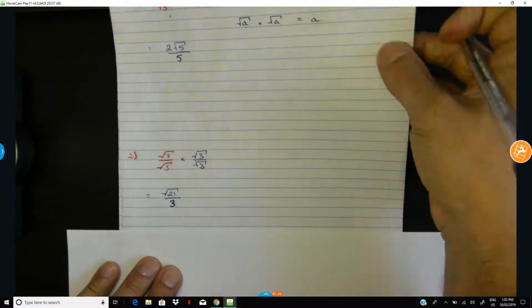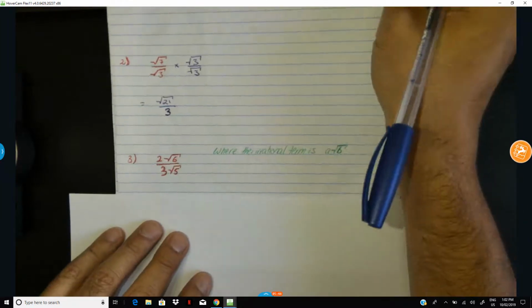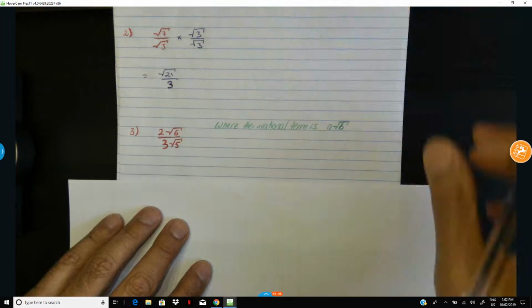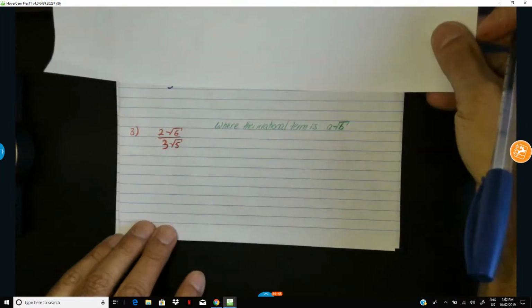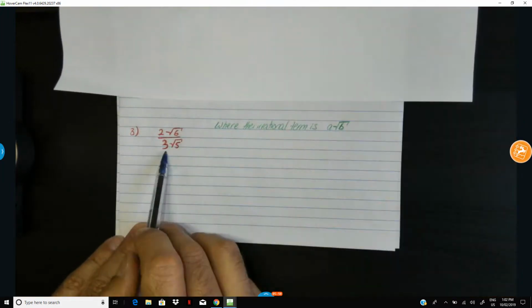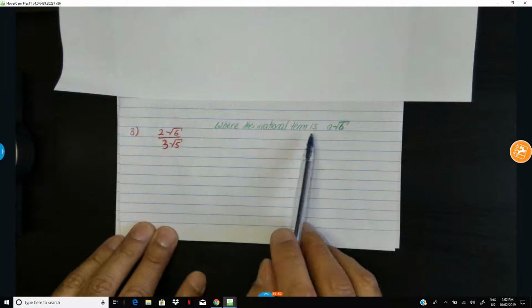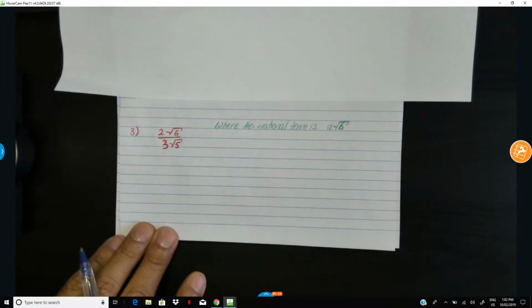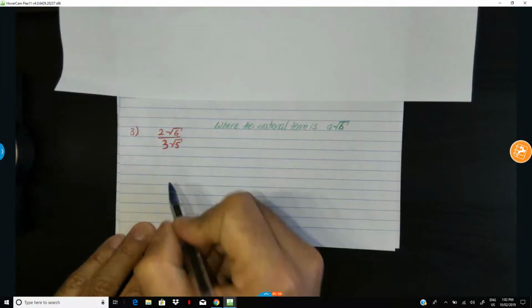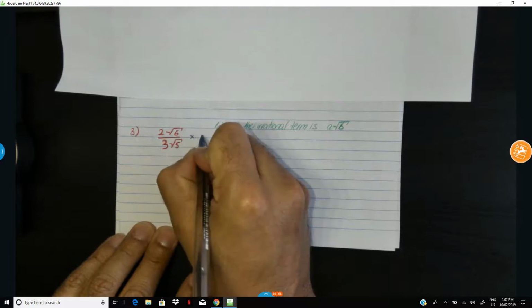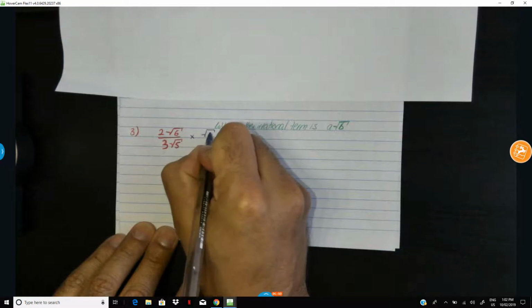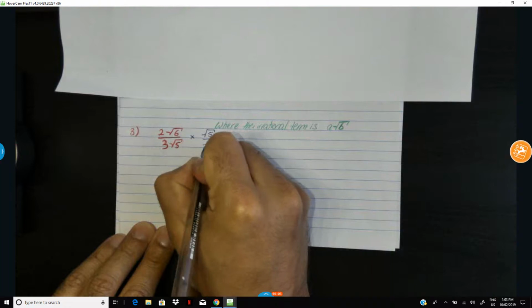Okay. So example 3. Here we have the denominator with an irrational term of 3 square root 5. And what we're going to do here is multiply it by just square root 5. Okay.